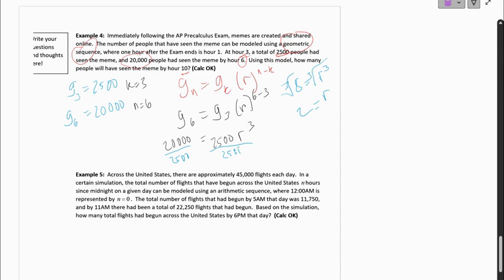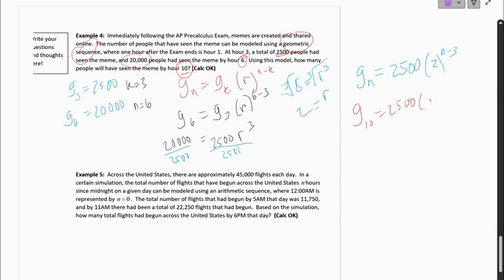Now we have enough information to write our function, or equation. So g of n equals, and I'm still using the same k value, 2,500, times now I know my r is 2, to the n minus 3. There's my equation. My last step is to plug in 10, so I want to find g of 10.